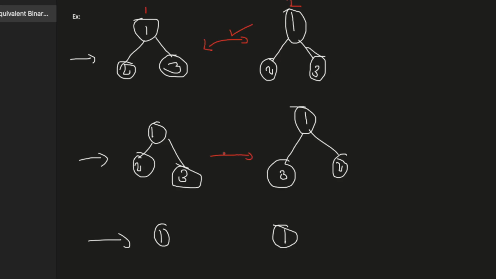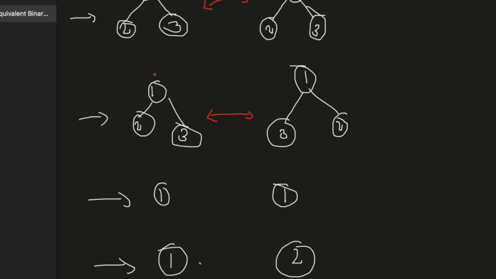Let's look at these two. This is tree 1 and this is tree 2, right? So 1 is equal to 1, and here on the left subtree there is 2, but here there is 3. So can we say that these two are not equal? We cannot, because here the tree is flipped, the 2 is over here.